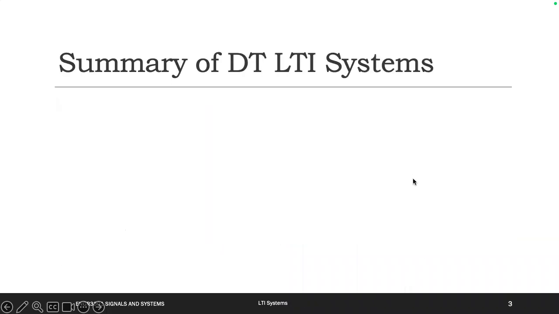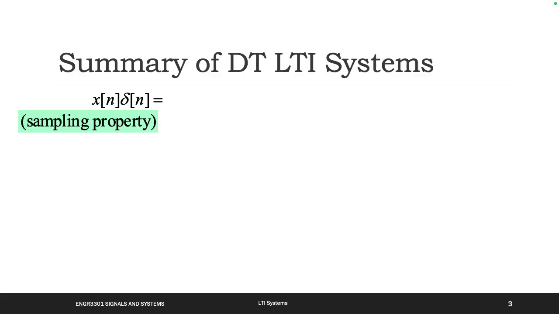Okay, let's continue. Let's review the DT LTI systems. Firstly, let's think about how we can get the mathematical form to represent an LTI system. Firstly we use the sampling property: x[n] multiplied by delta[n] equals x[0] multiplied by delta[n].